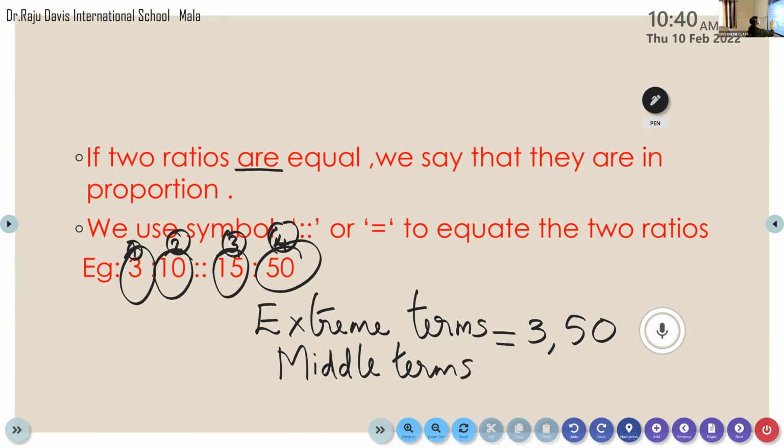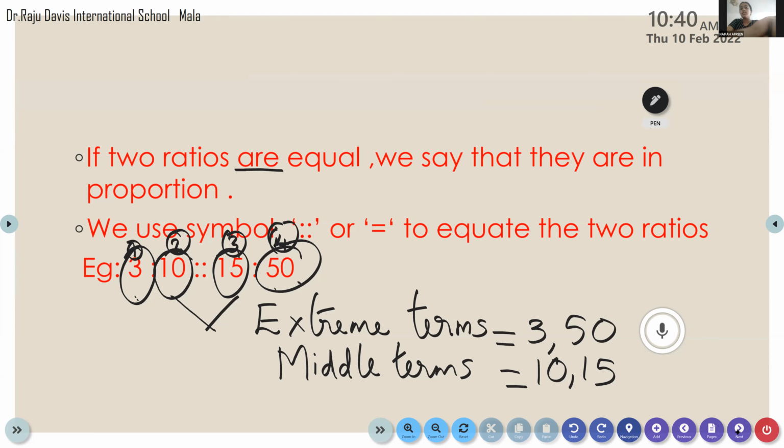Second and third are in the middle of these numbers. So extreme terms are 3 and 50. Middle terms are 10 and 15. Is that clear, children? Yes, ma'am. The first term and the fourth term are extreme terms, and the second and third represent middle terms.